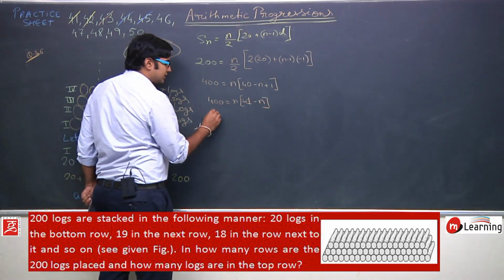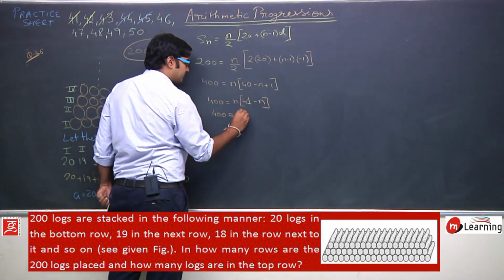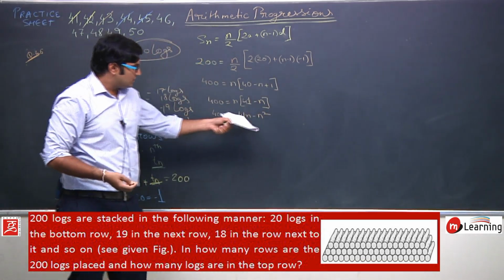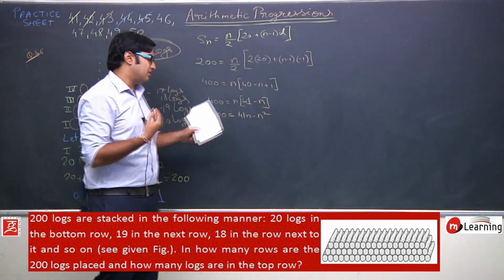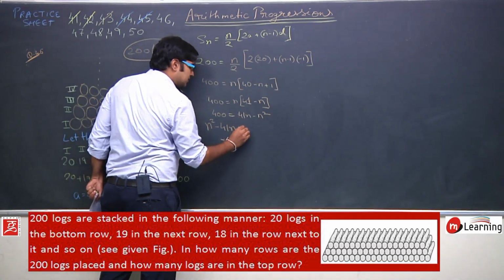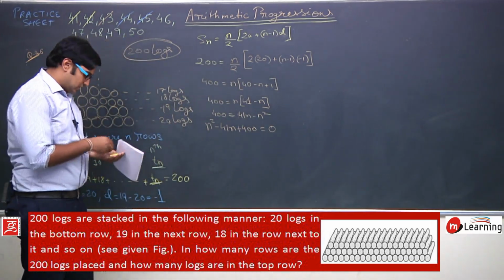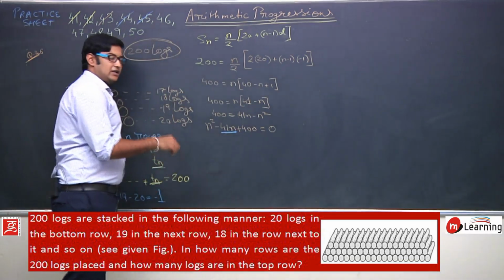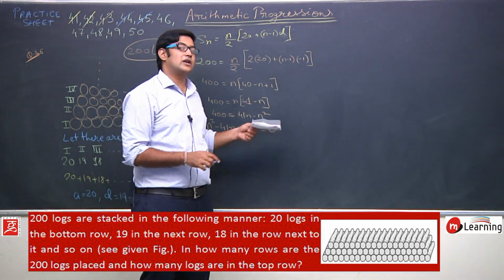Okay. So when you solve this, this will become 400 is equal to 41n minus n square, and when you shift this 41n minus n square from RHS to LHS, it will become n square minus 41n plus 400 is equal to 0. Okay. So from this I can see I need to split this 41n to get sum or difference as minus 41n and the product as 400.